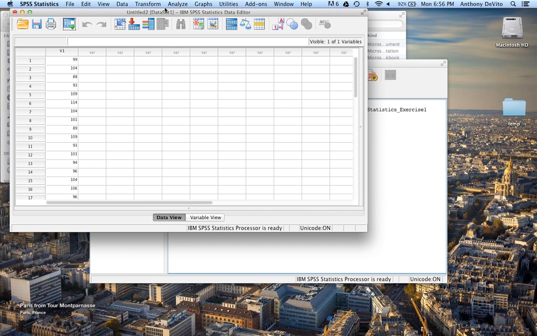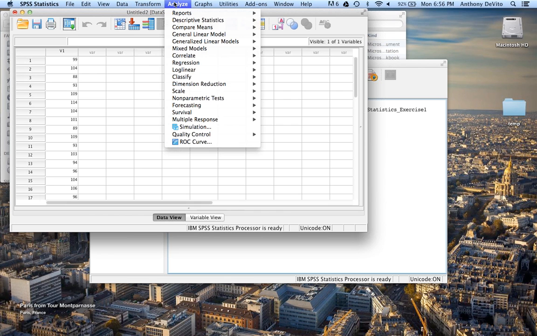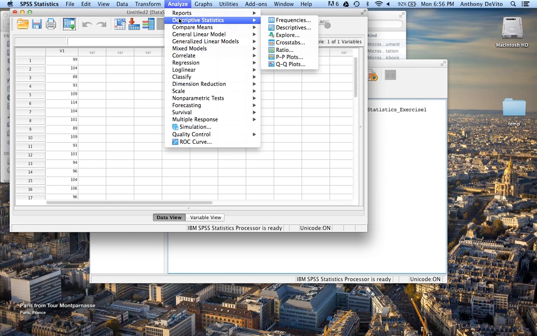I'm going to go over to Analyze because Analyze is going to be our basis for working with most of this information in SPSS. Descriptive Statistics is what our syllabus says that we're discussing today. So I'm going to go to Descriptive Statistics. Well, Frequencies. Frequencies is just going to count the number of times a value occurred.